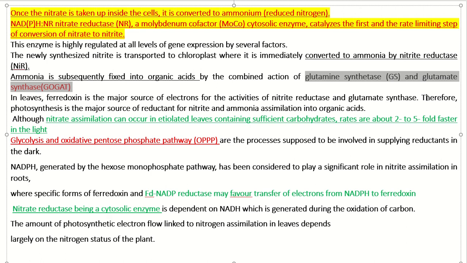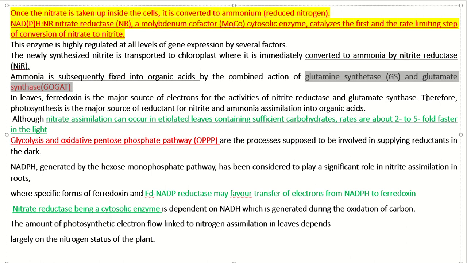So in leaves, ferredoxin is the major source of electrons for the activity of nitrite reductase and glutamate synthase. Therefore photosynthesis is the major source of reductant for nitrite and ammonia assimilation into organic acid. Remember this.